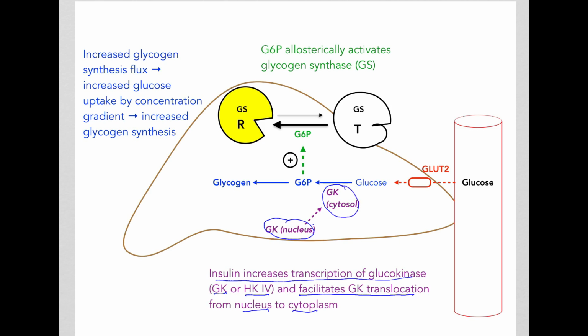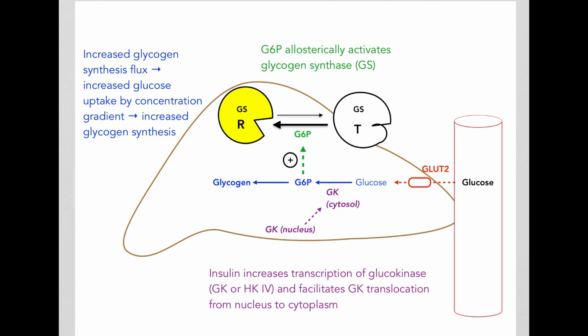Once it's in the cytoplasm, the glucokinase will convert glucose to glucose 6-phosphate. Concentration of glucose 6-phosphate increases in the hepatocyte, and this glucose 6-phosphate will then go and allosterically activate glycogen synthase, and that increased activity of glycogen synthase will then lead to increased glycogen synthesis or glycogenesis.